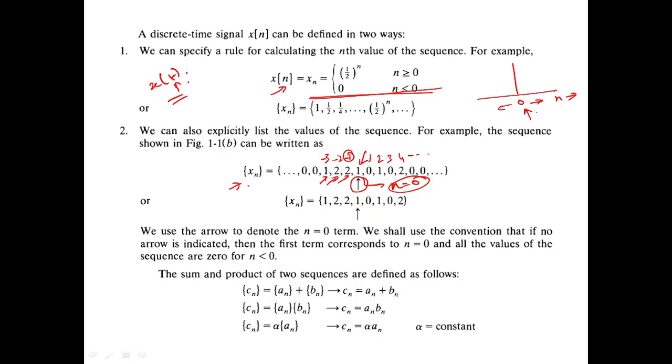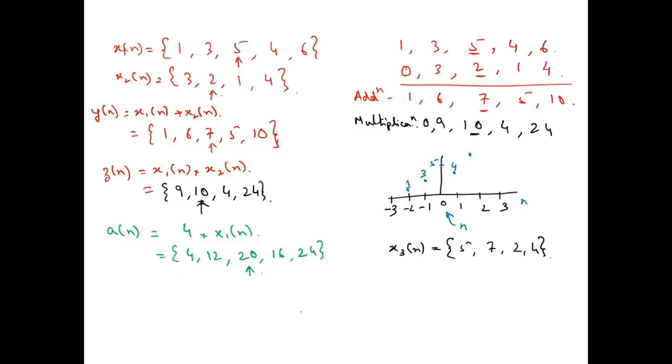Now we can have various operations on discrete time signals. For example, we can go for addition, we can go for multiplication, and multiplication with a constant. In the second case, the multiplication of two signals. How is that done? Let us take some examples.